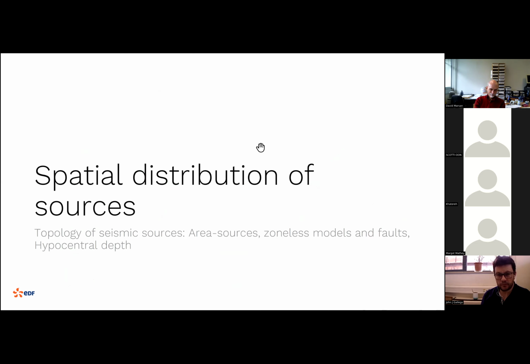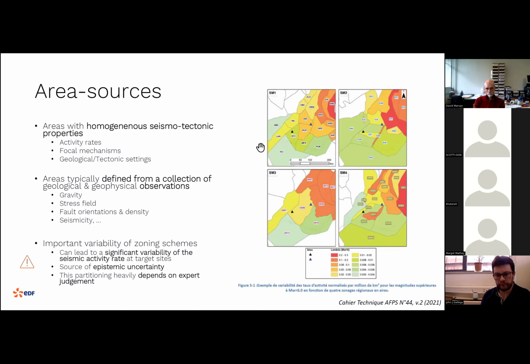Okay, so let's now focus on the first ingredient for our source model, the spatial distribution of sources. The classical approach, the one proposed by Cornell at the beginning, actually, is to model seismic sources as area sources.